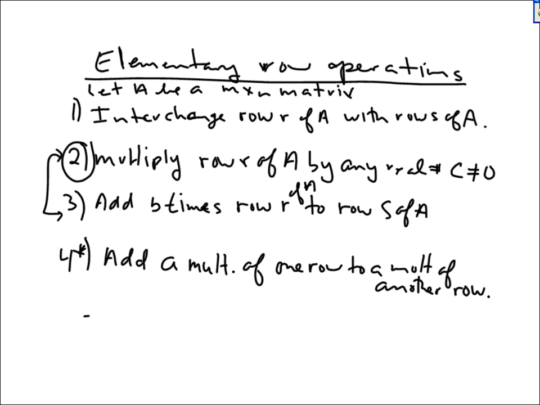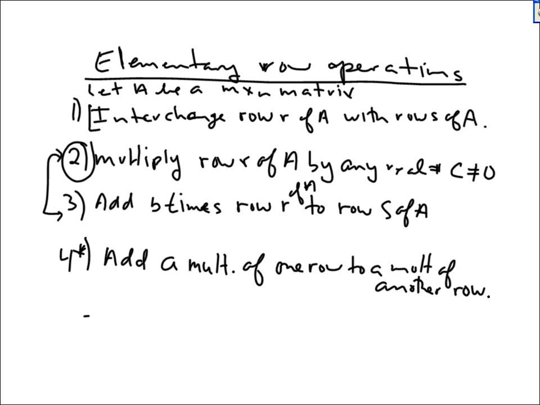Now, I asked earlier, right before I wrote down these 3 or 4 elementary row operations, for you folks to see if it looks familiar. Well, imagine these rows were equations. Remember, we're trying to learn how to solve a system of equations.